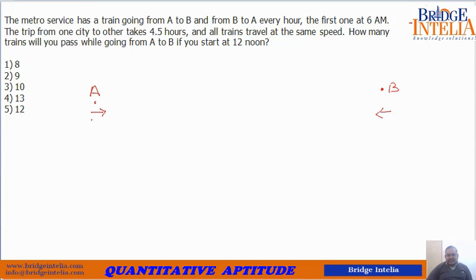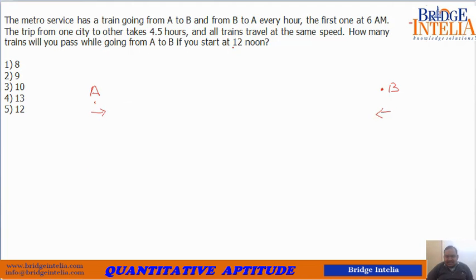That means trains keep on leaving at 6 p.m., then 7, 8, 9, 10 p.m. That means one train per hour, so 24 trains in a single day. The same is happening from the other side.